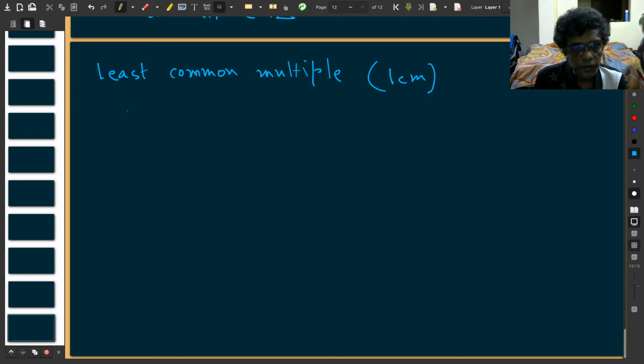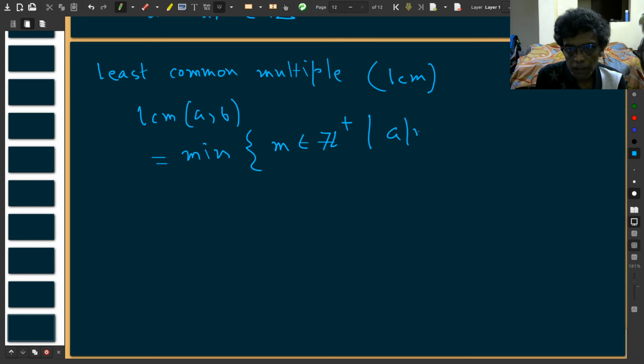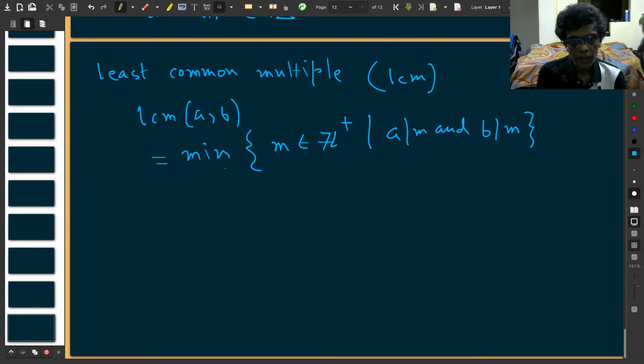Okay, so the LCM of A and B is the minimum of all integers M in Z plus, such that A divides M and B divides M. So M is a multiple of A and B, the smallest of these.